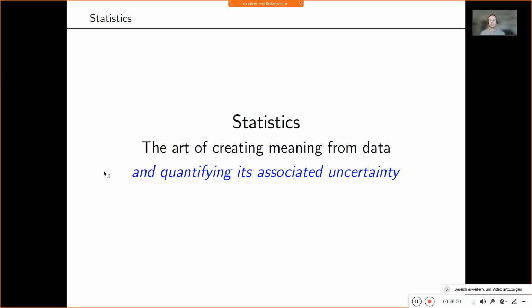If data science is the art of creating meaning from data, then I see statistics in data science as the art of creating meaning from data and quantifying its associated uncertainty. This aspect of quantifying uncertainty, I think that's the crucial thing that statistics and probability theory add to the table. It's not that it resolves uncertainty, it just quantifies it.